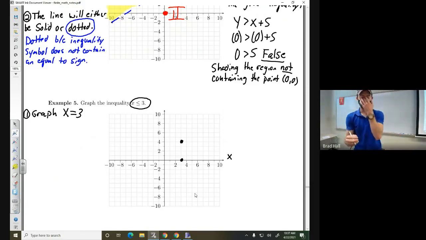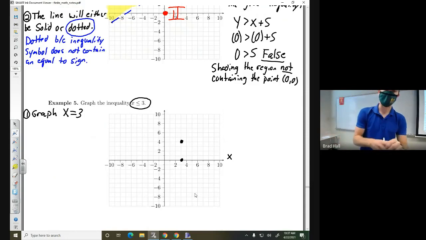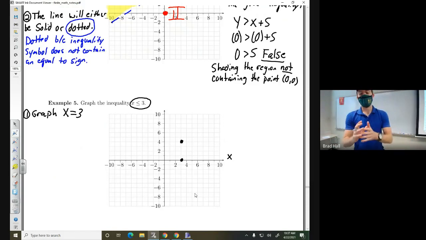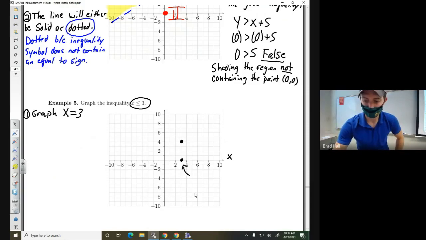That's something I tell my college algebra students when I teach that class. All you have to do in MyMathLab is draw any 2 points that will give you a vertical line at x is equal to 3. I just picked 2 points at random. This is definitely x is equal to 3. So you have to make sure the vertical line is there. You can't just draw a vertical line anywhere.